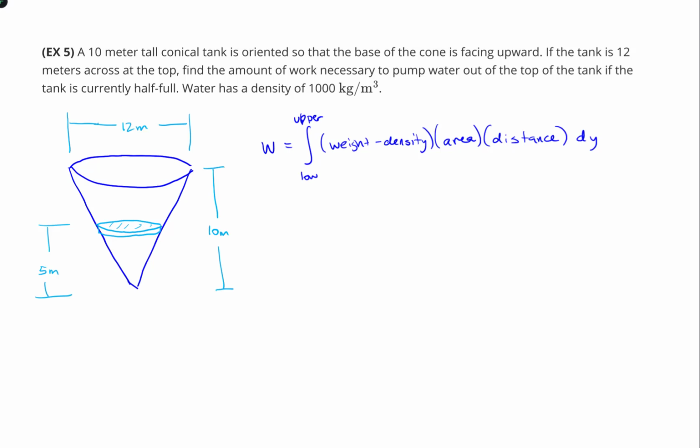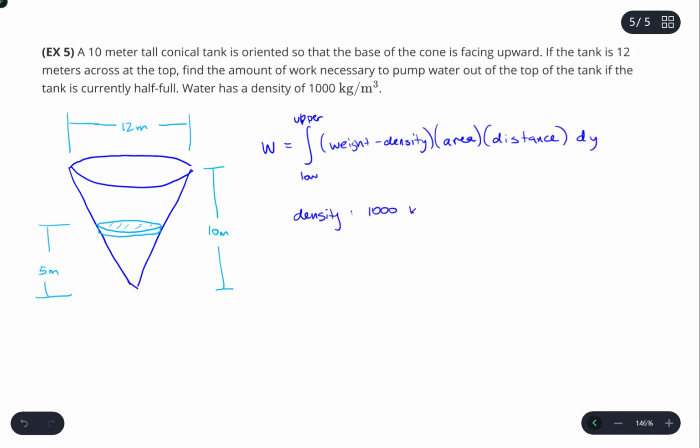Now, to get started, we know the density of the fluid. That was given as 1,000 kilograms per cubic meter. All right, but that's not the weight density. The weight density is that, kilograms per cubic meter, multiplied by the gravitational constant, so 9.8 meters per second squared.